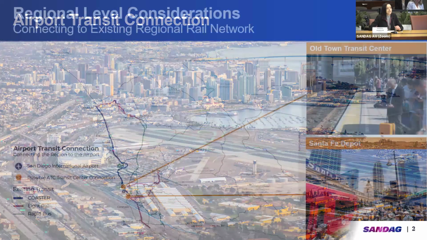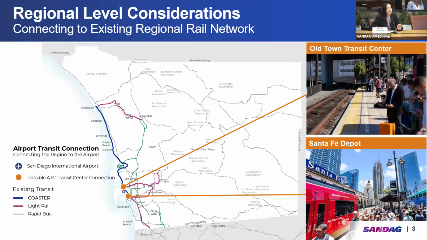So we are focused at the moment on integrating a connection between the airport and our existing regional transit system. We are no longer planning for a central mobility hub. That could have been something you were familiar with in the past, especially as our agencies were working together at the NAVWAR site long ago. We are concentrated on connecting to heavily used transit hubs like Old Town Transit Center and Santa Fe Depot for this airport transit connection link.